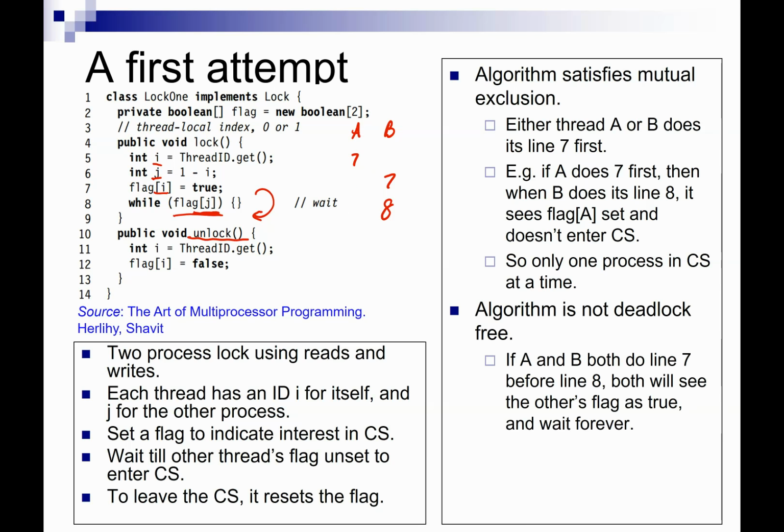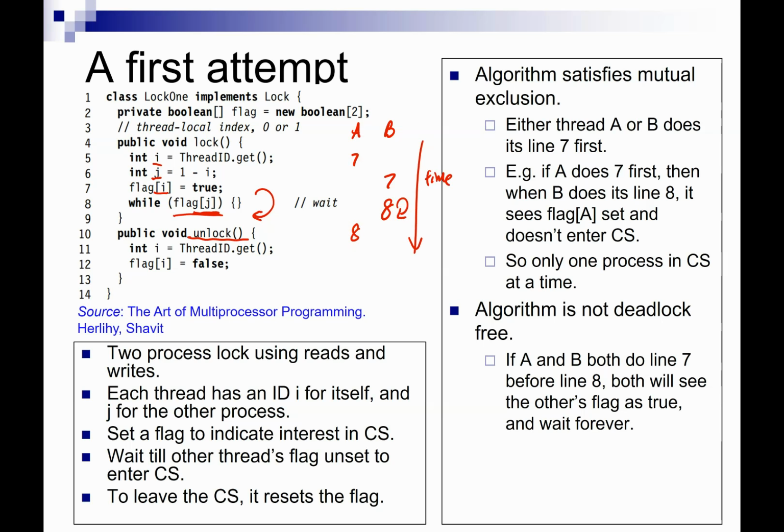So for example, let's go back to this execution. A does line 7, B does line 7, and then let's say B does line 8, and then A does line 8. So this is like time going down over here. But then B is going to see that A wants to go into the critical section, and B is going to be waiting at line 8. So he's going to spin at his line 8.